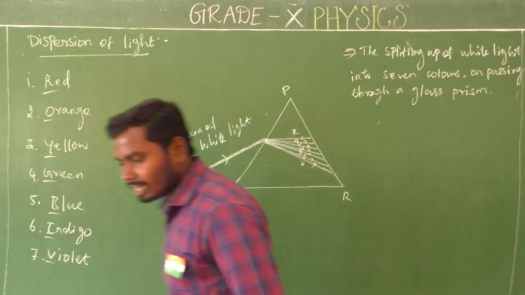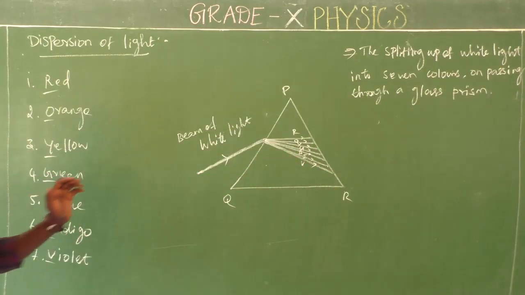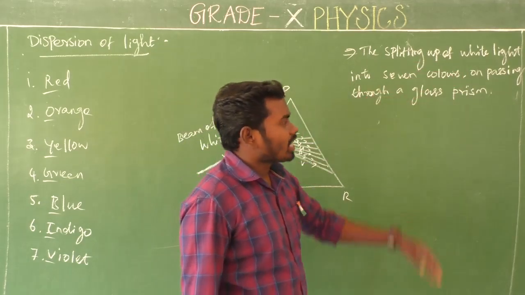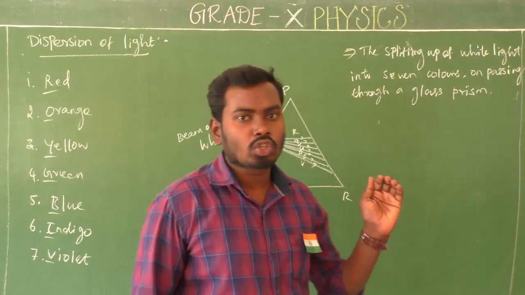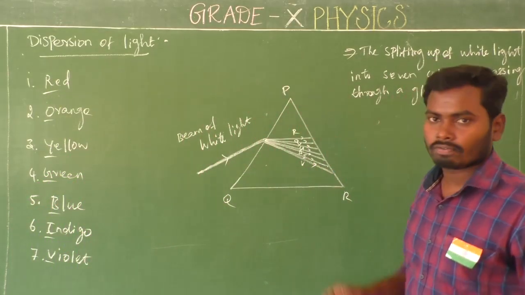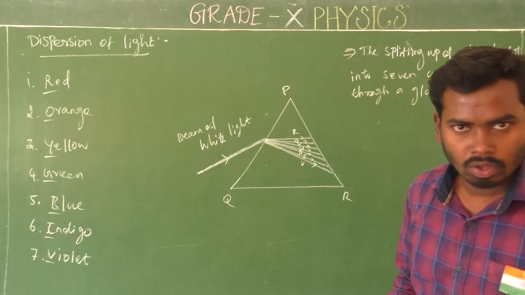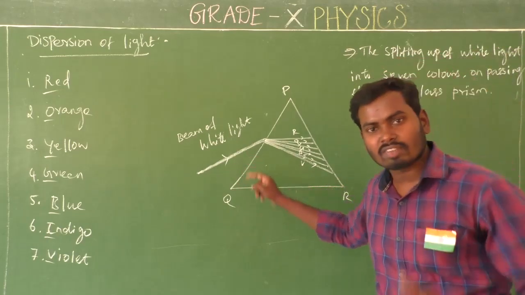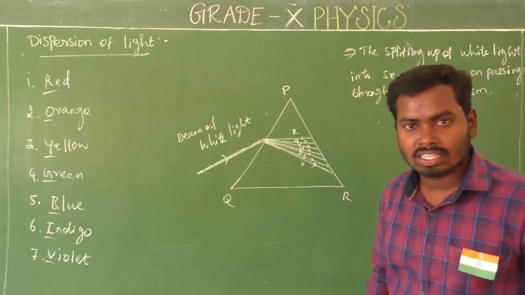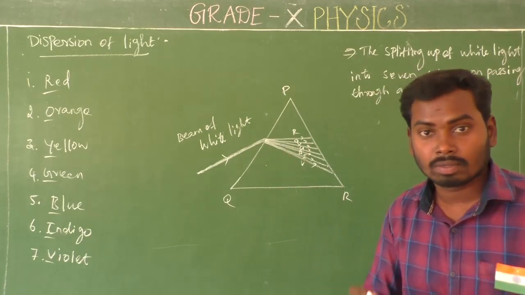So that is called dispersion of light. So what is that? The splitting up of white light into 7 colors on passing through a glass prism, that is called dispersion of light. Very easy one. Okay, so when a white light falls on the surface of a glass prism, the white light splits into 7 colors, 7 constituent colors, or 7 mixture of white light.